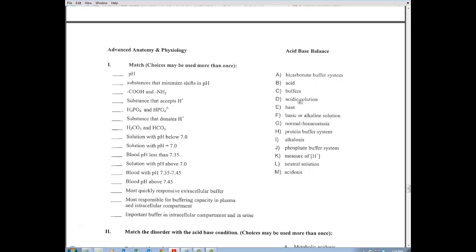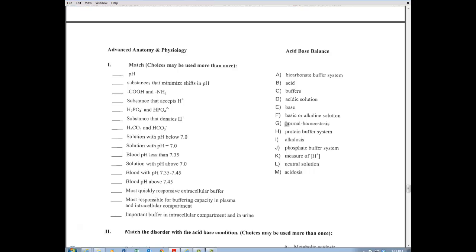And a solution that's equal to 7.0, letter L, we call that a neutral solution, which is what water would be. And if we have a blood pH less than 7.35, that's what we call acidosis, which means it's lower than normal. And a solution with a pH above 7, that would be F, basic or alkaline solution. A blood pH in the normal range, we just call that normal, homeostasis, letter G.